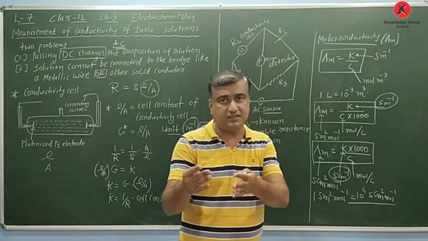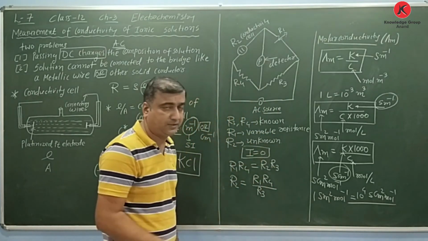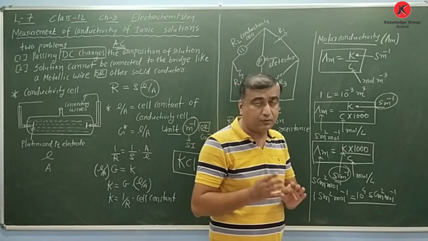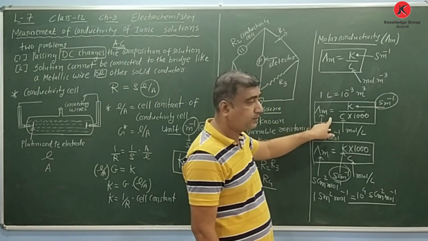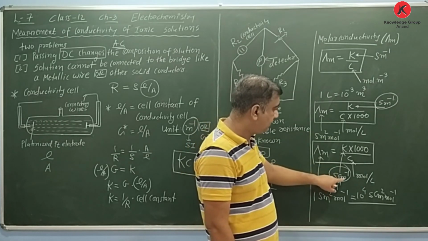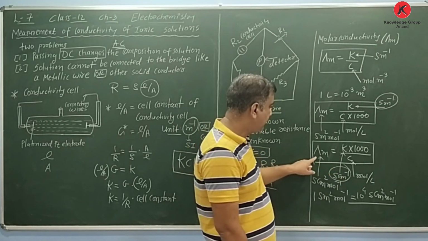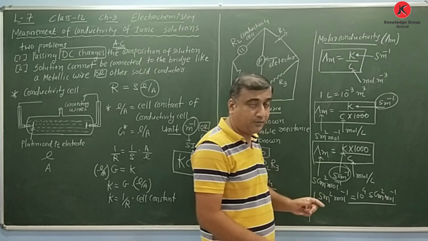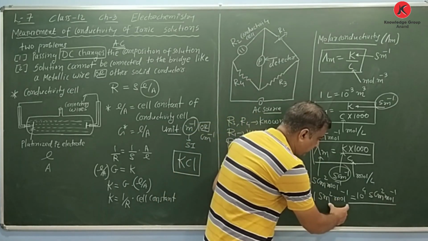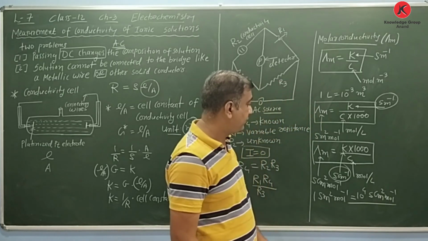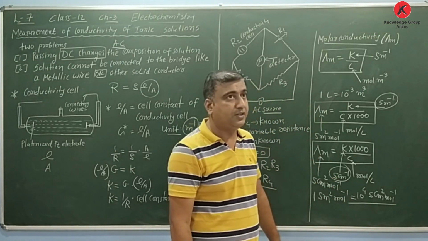Generally, concentration is given in mole per liter, molarity is given. If the unit of K is Siemens meter inverse, then use this formula. Use the appropriate formula to calculate the molar conductivity, and by this relation you can convert between each other.